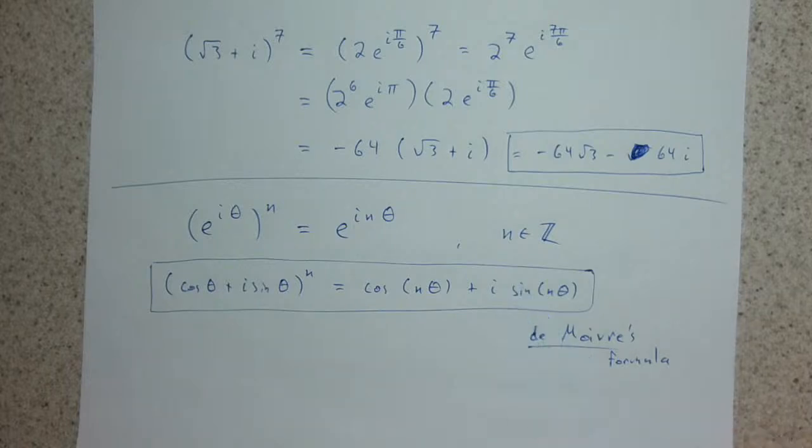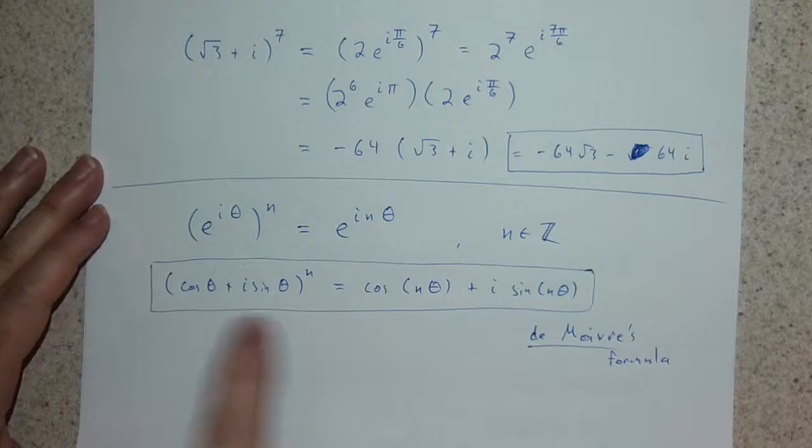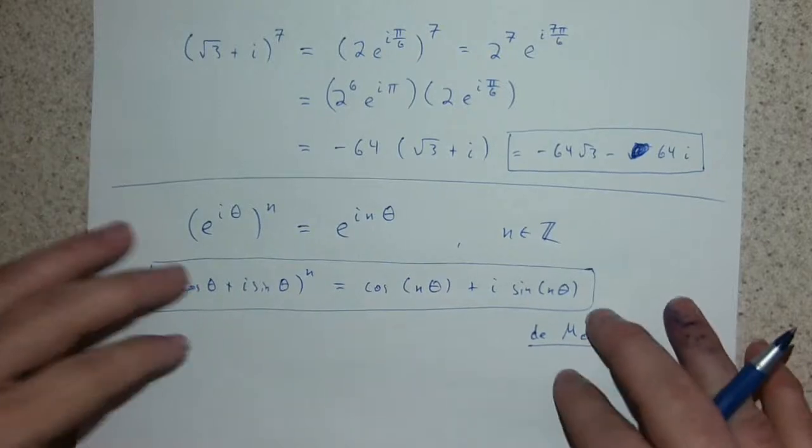So this is De Moivre's formula. I'm going to use this to show a tricky proof of some previous trig facts that you've learned before.